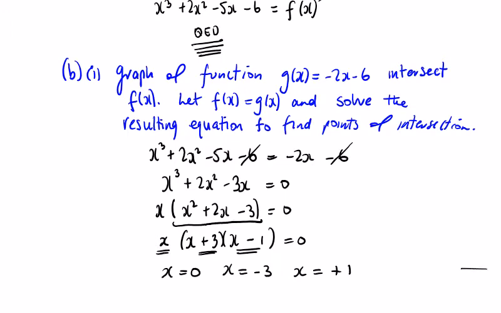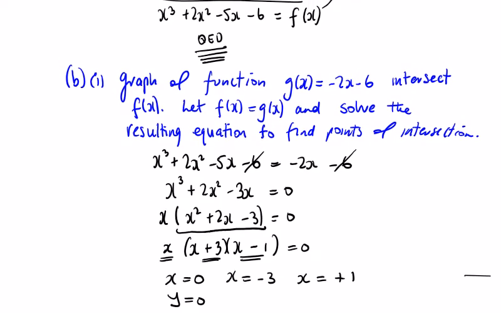And my y values, if x is equal to 0, back up to my function. When x equals 0, y is clearly minus 6. When x is equal to minus 3, y is equal to minus 27, plus 18, plus 15, minus 6. It's going to give me 0 as well.